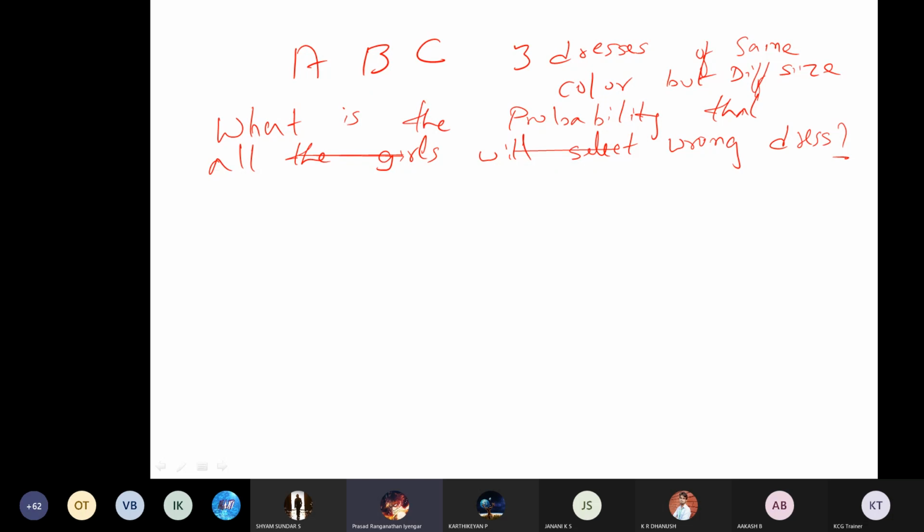So will the answer come in fraction, sir? Fraction only. Probability is always a fraction, and the answers will be less than one only.